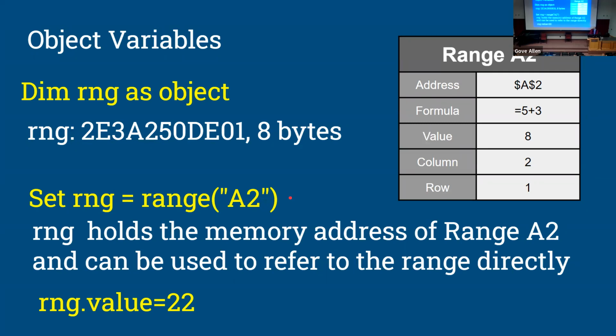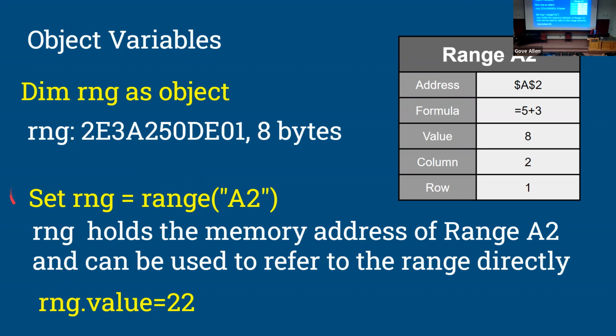Remember that all my ranges are objects. And so I'm going to say, I want RNG to refer to range A1. So now in my code, I can say RNG dot, and that's going to say, oh, you mean range A1. And anything I could say after a particular range, I could now say after this variable.